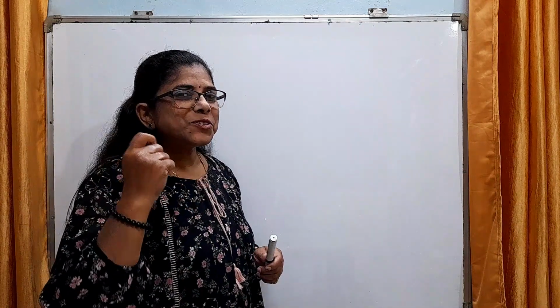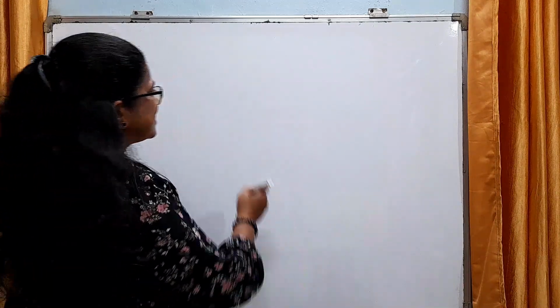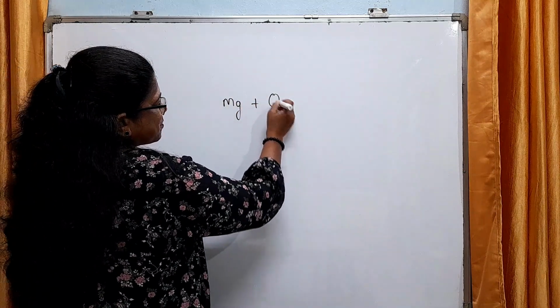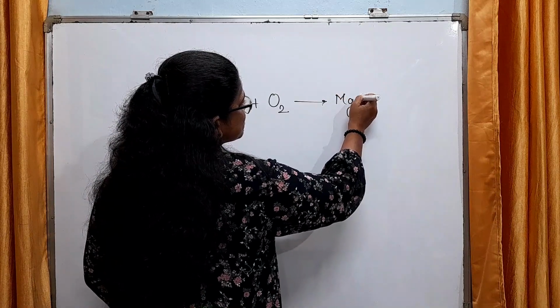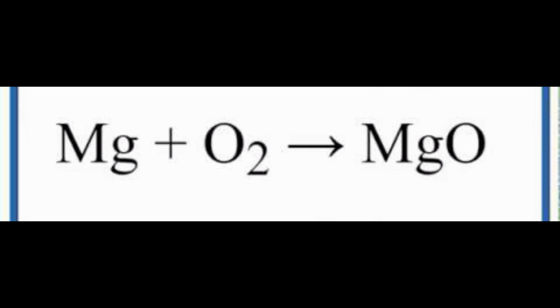Now here is the shortest and sweetest method to represent the chemical reaction. That is magnesium plus oxygen gives us magnesium oxide. Simple. So what we do here is we use the symbols and formula of the substances involved in this reaction.